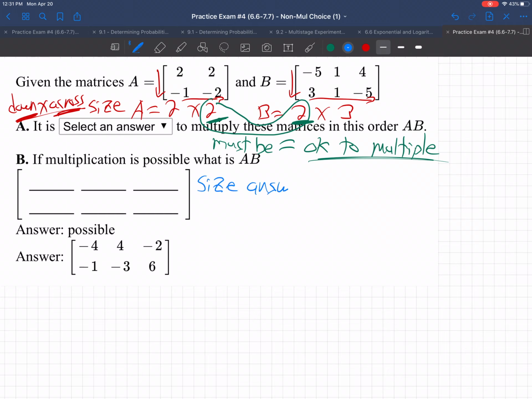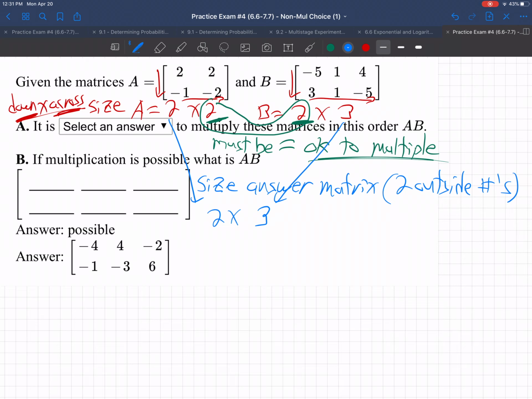And then when they do, the size of the answer matrix will always be these two outside numbers. So in this case, 2 by 3. So the size of the answer matrix will always be the two outside numbers.